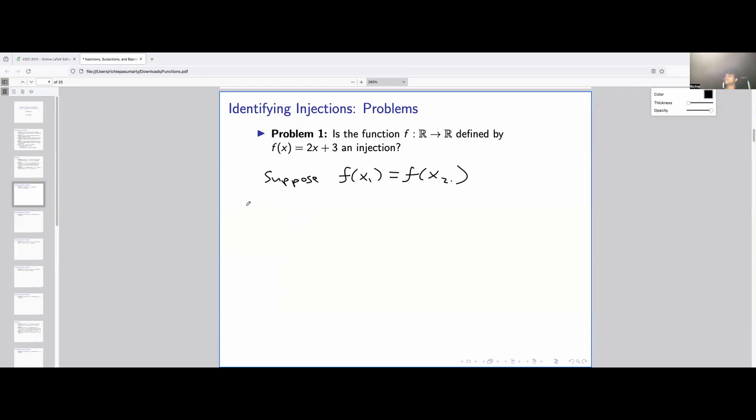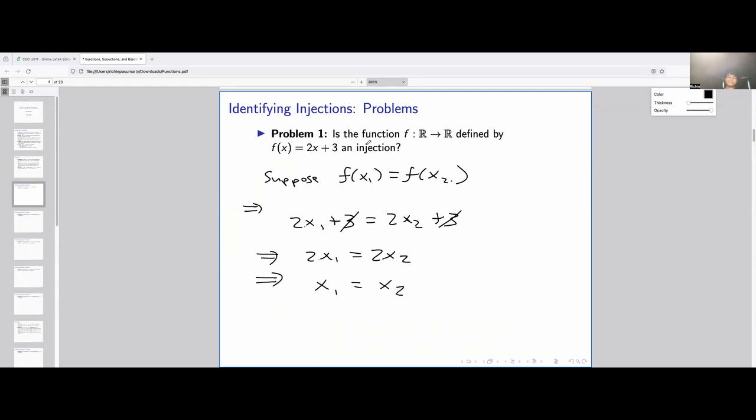So what does this mean? This means that 2x1 plus 3 is equal to 2x2 plus 3. So I can cancel some stuff out. This means that 2x1 is equal to 2x2. This means that x1 is equal to x2.